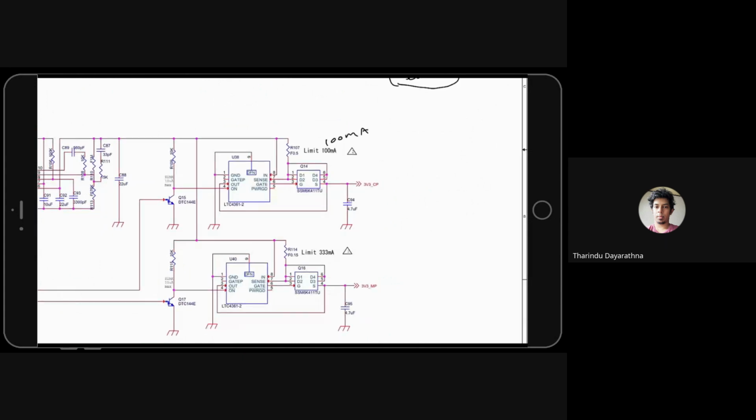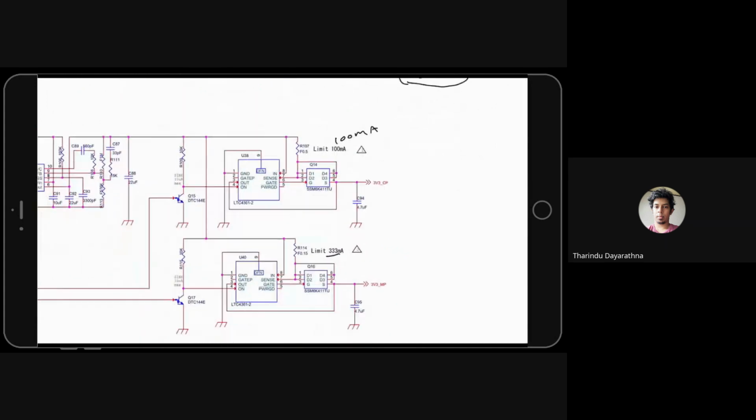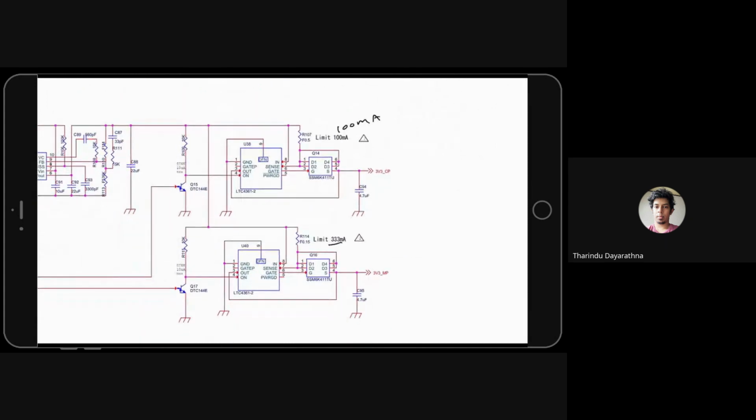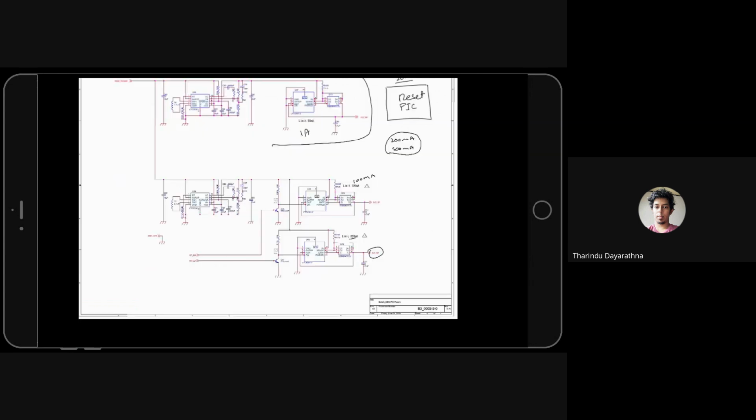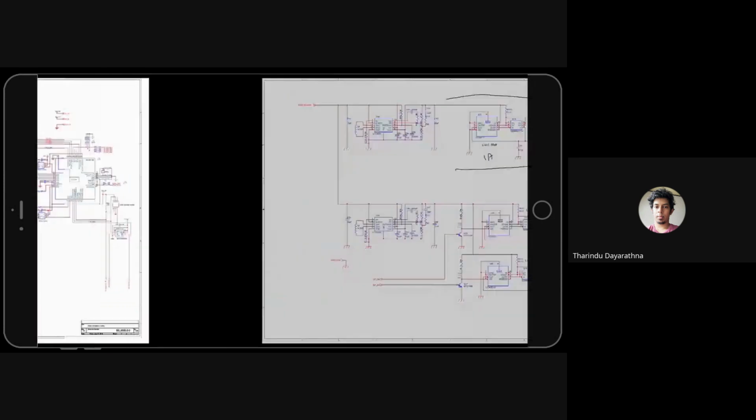And for the main peak, we set 333 milliampere. So this one is not such a good setting, but we have to use it because we need some current capability in that power supply. If you want, you can reduce it. That's why we set it to 333 milliampere. So basically, it's like that.